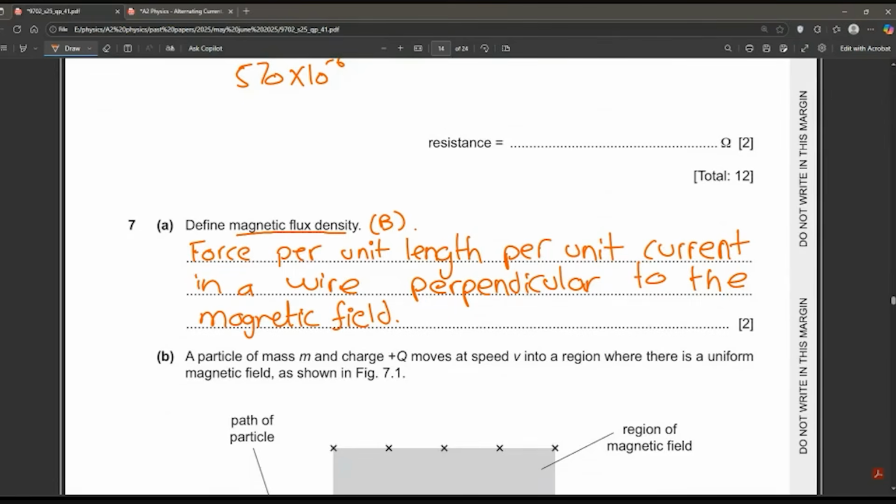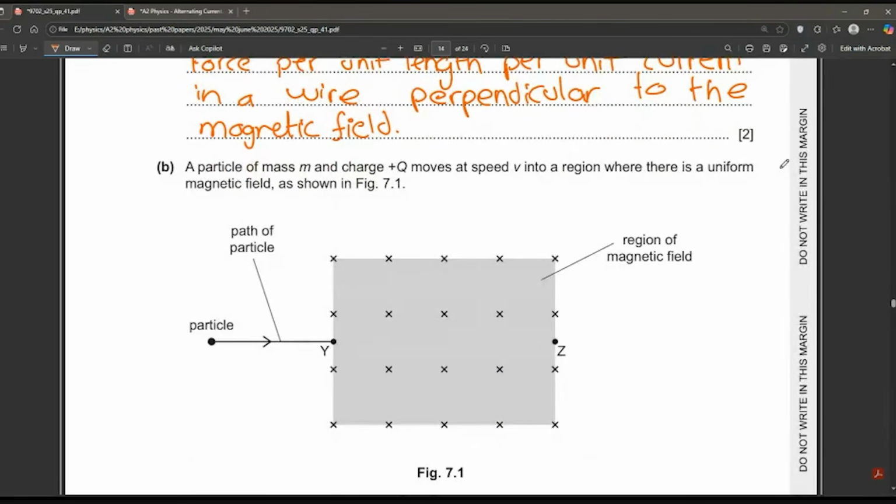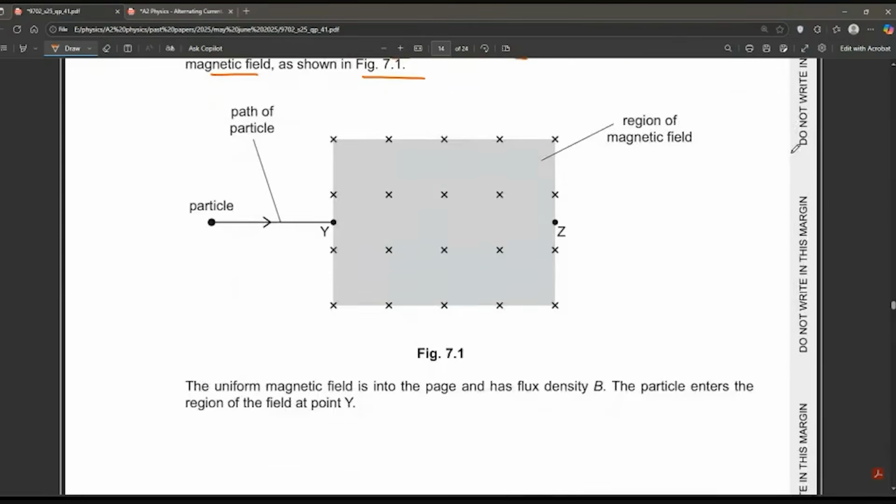आगे बढ़ते हैं बेटा. A particle of mass m, charge plus q, moves at a speed of v into a region where there is a uniform magnetic field as shown in figure 7.1. ठीक है.